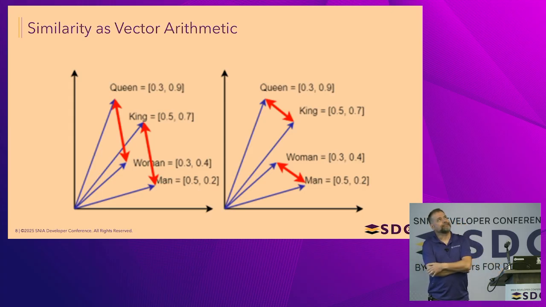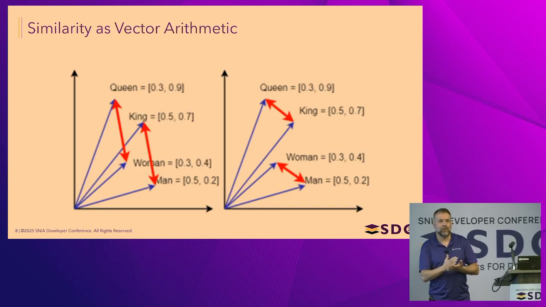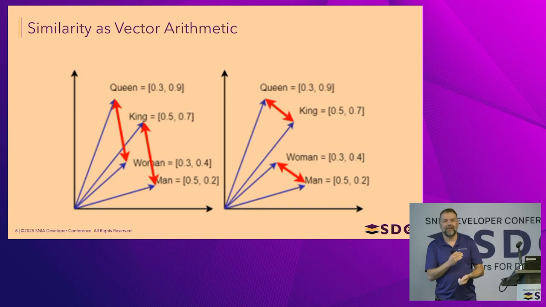A simple example of vector similarity search is doing arithmetic. In this case, I can infer, or the system can infer, king and man, queen and woman. So if I have king minus man, I could get something like queen.